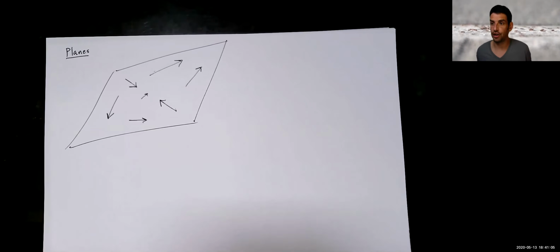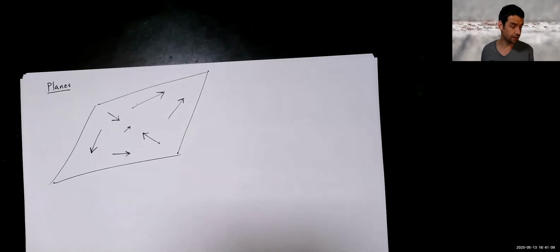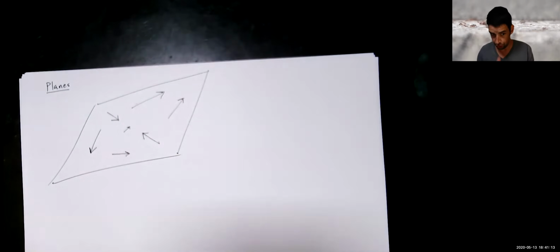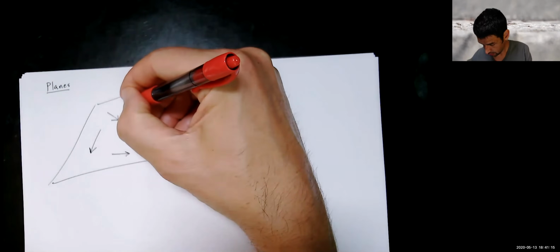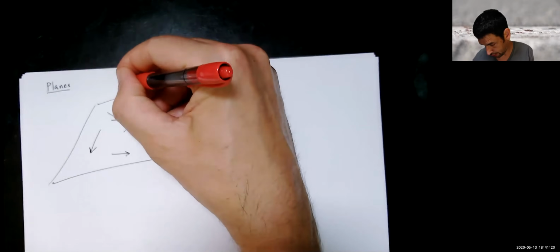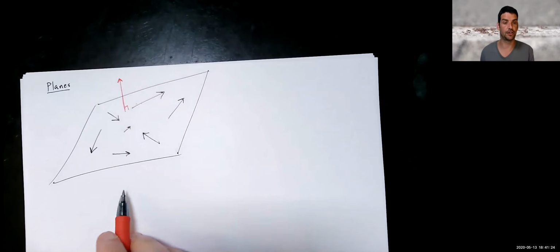So the clever idea that someone figured out a long time ago is that what we can do instead is choose a vector like this. This is a vector that is perpendicular to this plane.